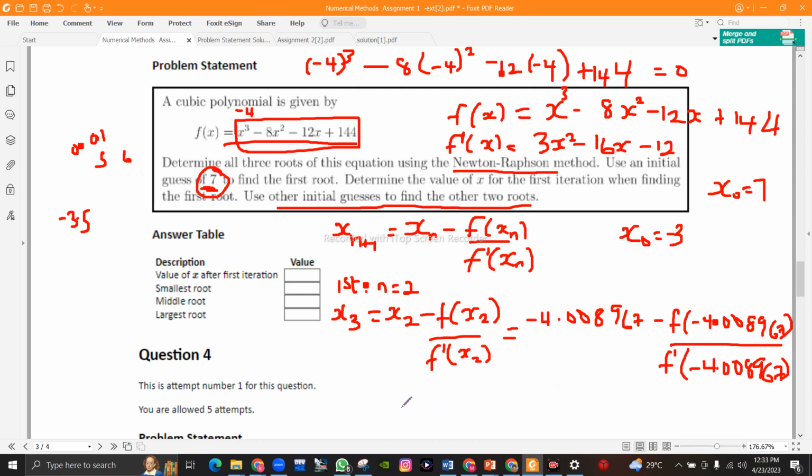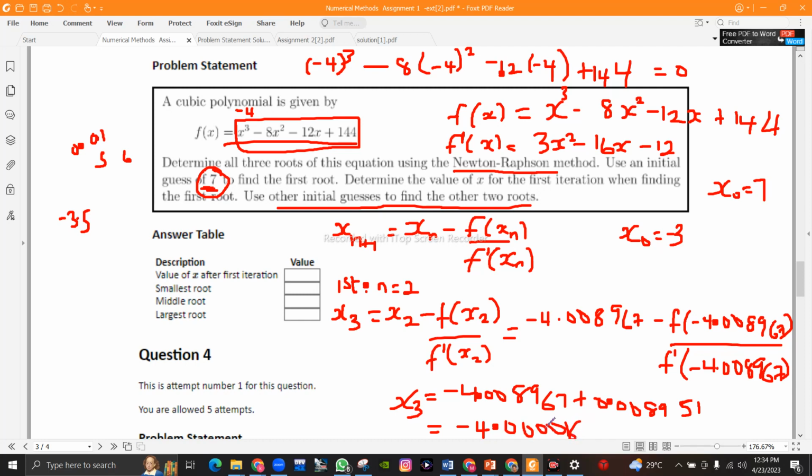So we press that in the calculator, and your x3 after the third iteration is minus 4.008967 plus 0.008951. So x3 will be equal to minus 4.000016. You can see the error is very low, so minus 4 is the answer.